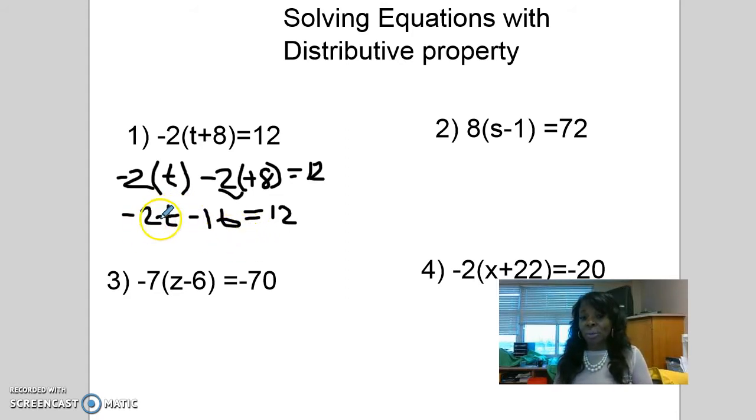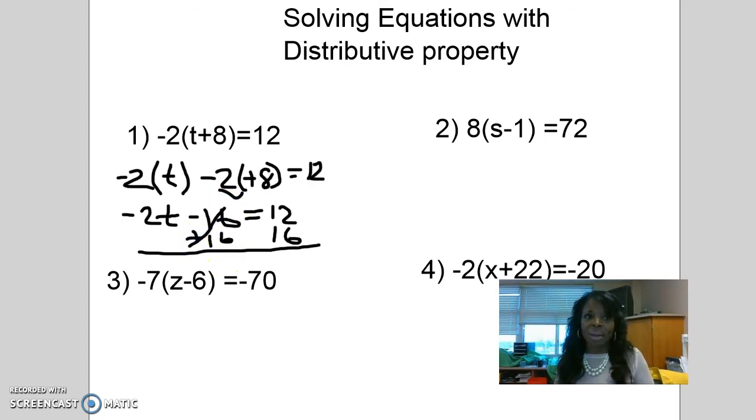Well, we have 2 negative t's, but we have 16 negatives, reducing the size of the t's. So what do we have to do? We have to restore our t's by adding the 16 back in. But because it's a scale, I have to add 16 in on both sides. -16 and positive 16 are a 0 pair, so that cancels out.